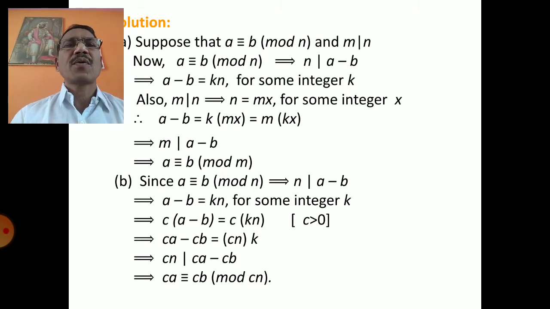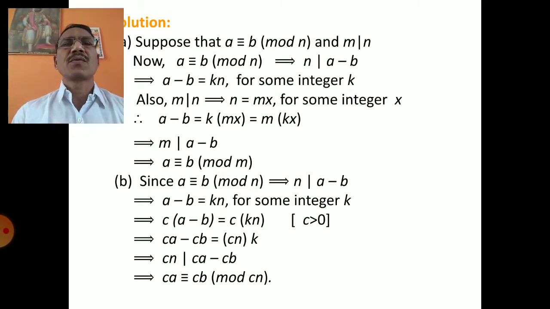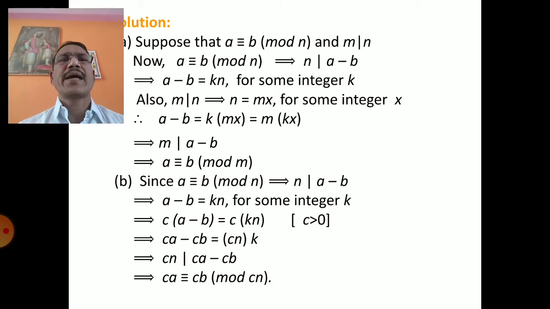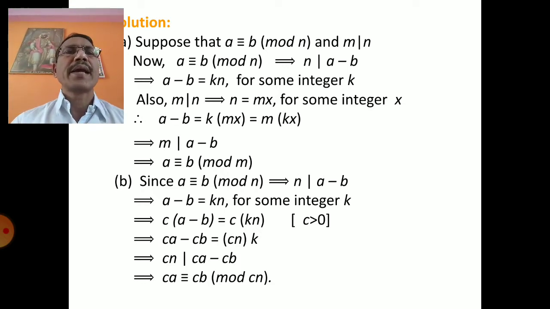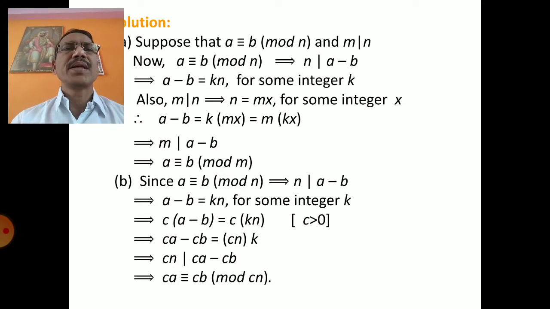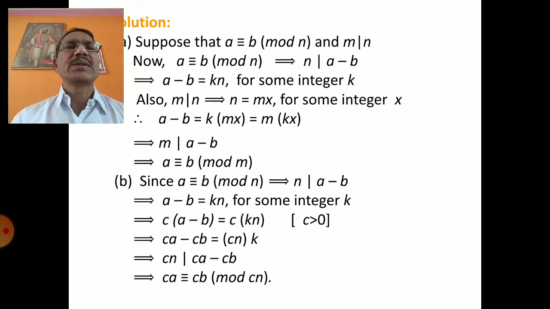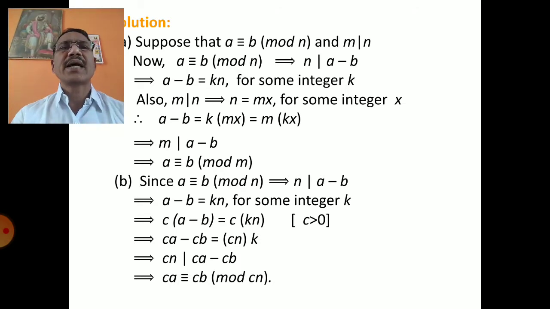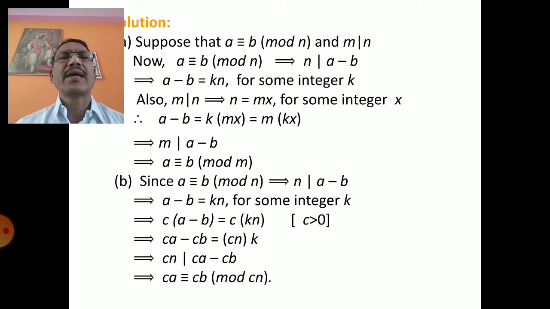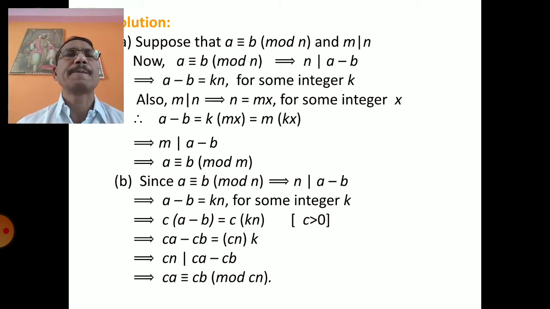By the definition of congruence, a is congruent to b mod n implies that n divides a minus b. But by the definition of divisibility, n divides a minus b implies that a minus b is equal to kn for some integer k.